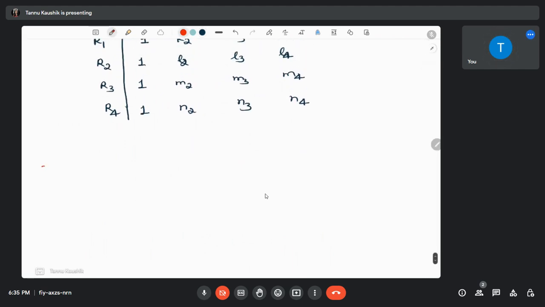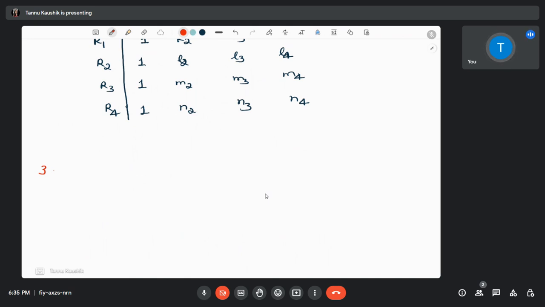So the next postulate is, the third postulate: sum of square of characters for an irreducible representation will be equal to the order.